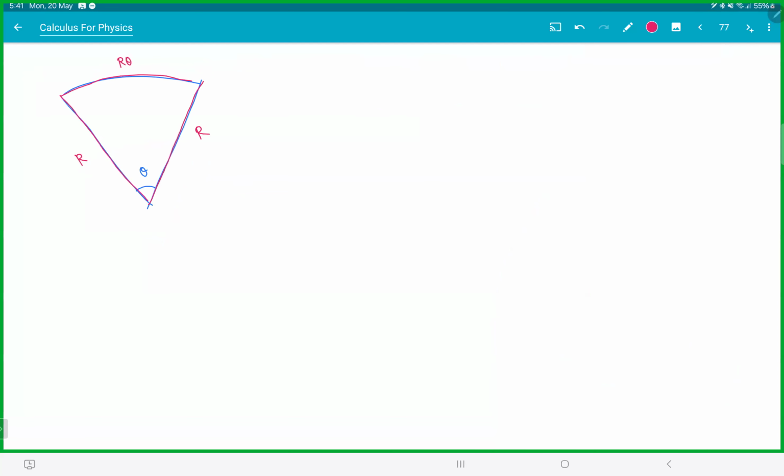So that is the length L. The perimeter is r plus r theta plus r is equal to L. So 2r plus r theta is equal to L.